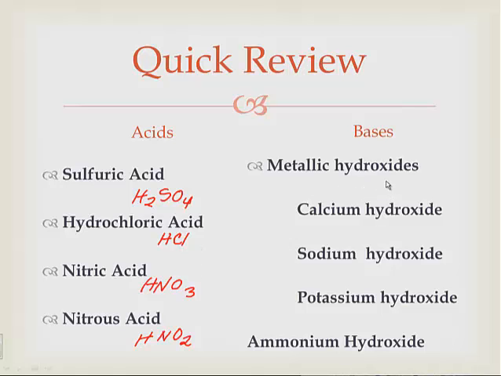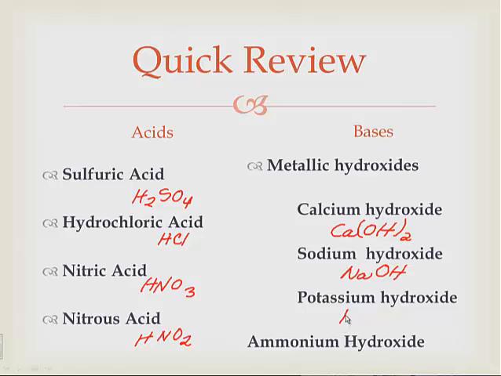And then we have the metallic hydroxides, which are a metal and a hydroxide. All of these are bases. Calcium hydroxide: we have plus 2, negative 1, so therefore that's how it's written. Sodium hydroxide, Na plus 1, plus hydroxide.